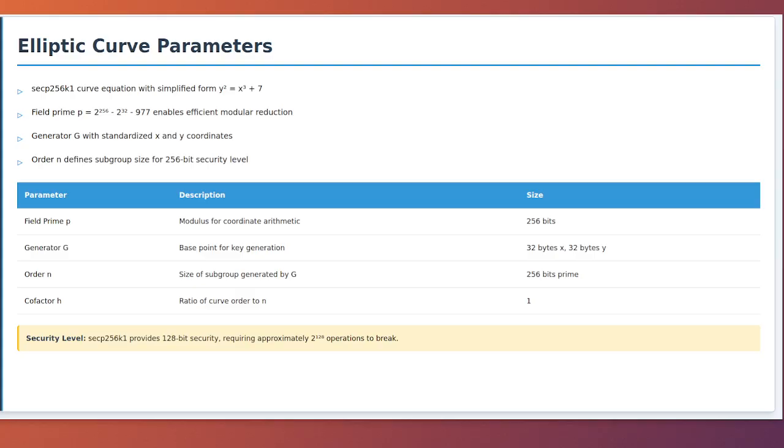This security level is far beyond what any conceivable computing system, including quantum computers with Grover's algorithm, could attack in any reasonable timeframe. The choice of these specific parameters represents years of cryptographic research and analysis to ensure there are no hidden weaknesses or backdoors in the curve structure.